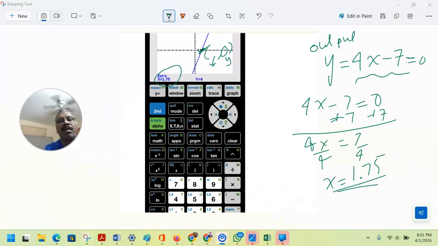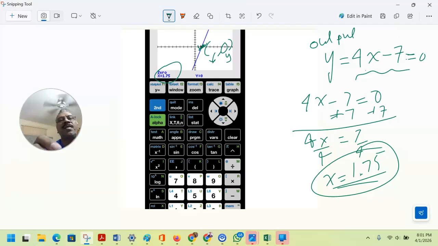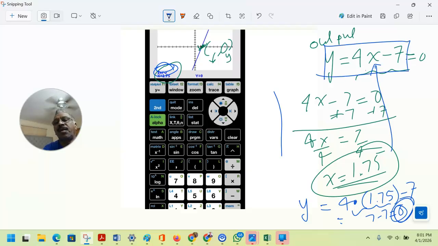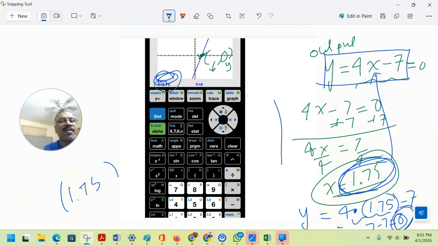The reason is if you plug this value in, 4 times 1.75 minus 7, this whole thing is 7, and 7 minus 7 is 0. That's why they use the word zero, the zero of the equation. What is the zero of the equation? It is 1.75. And if you want to write the x-intercept, even though it is called zero, you can write 1.75 comma 0.